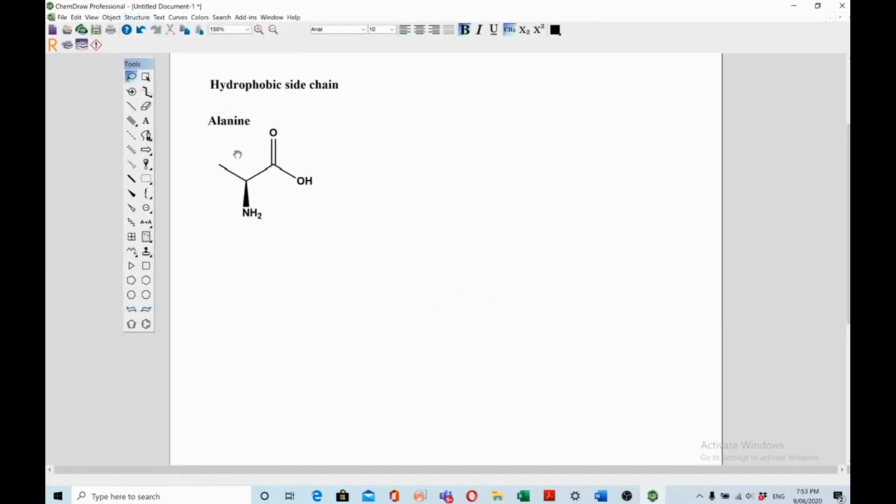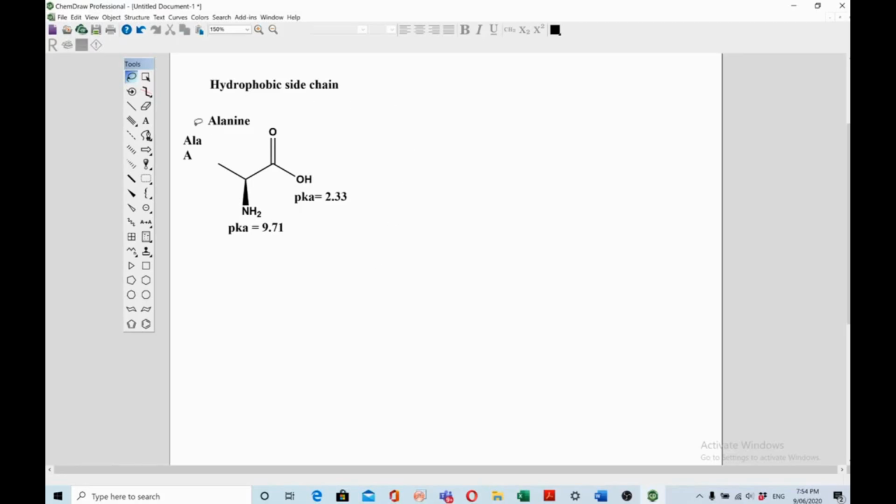Alanine has the three-letter name ALA and the one-letter code A. The pKa for the carboxyl group is 2.33, and the pKa for the amino group is 9.71.